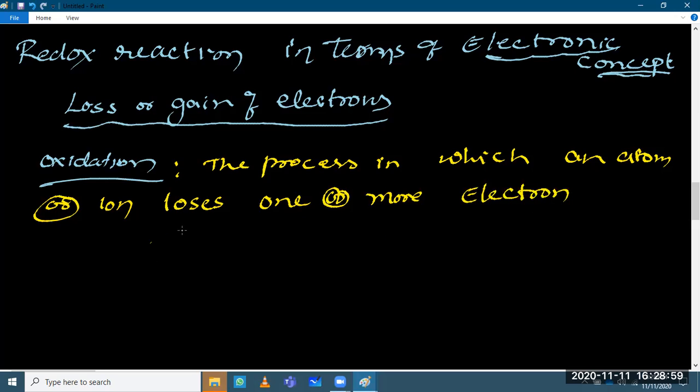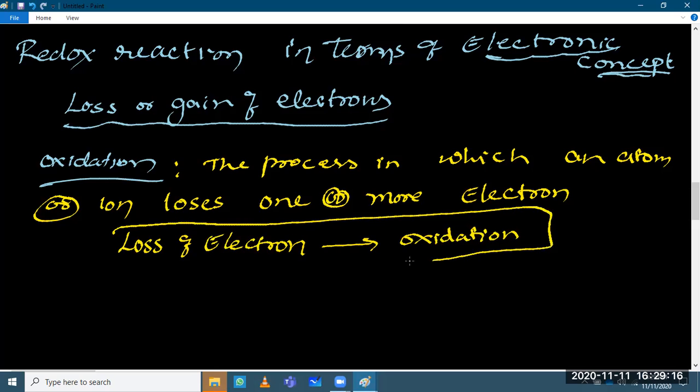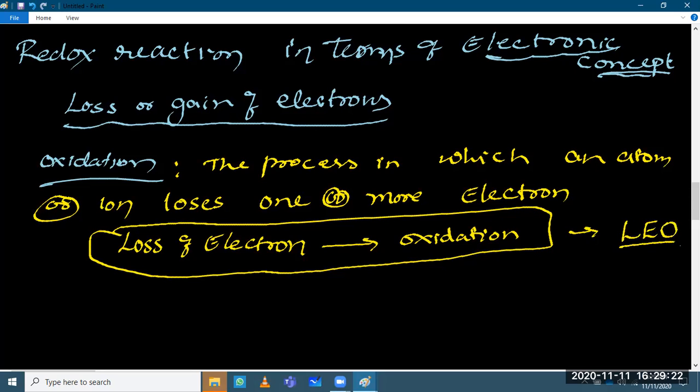So I can say loss of electron, I can write like this: loss of electron. Listen, what does oxidation mean? Loss of electron from an atom or ion. Loss of electron is called oxidation. I would like to write this in short form: loss of electron is oxidation, LEO. Next, what is the meaning of reduction?